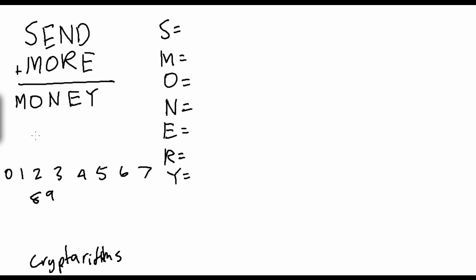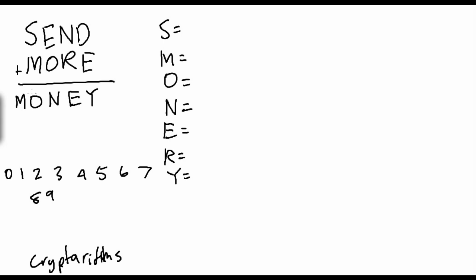Let's think about it this way. S plus M can either be less than 10 or greater than or equal to 10. What do I mean? If S plus M is less than 10, then there wouldn't be MO. It would only be O, because there would only be one digit.